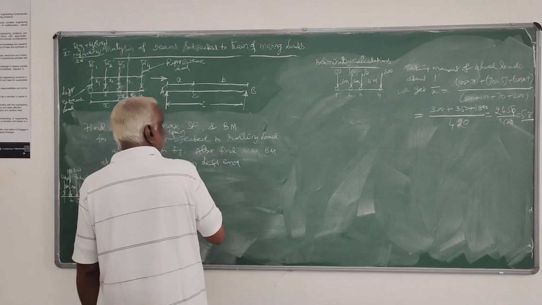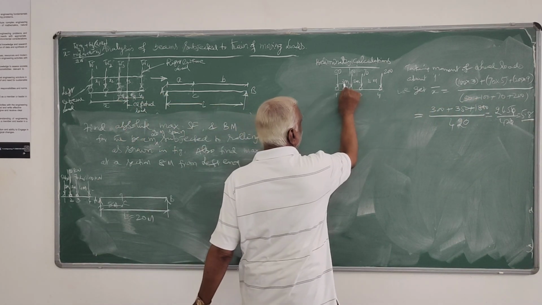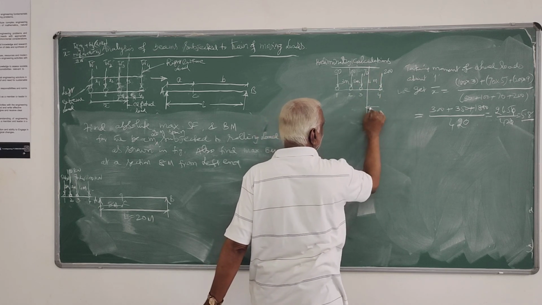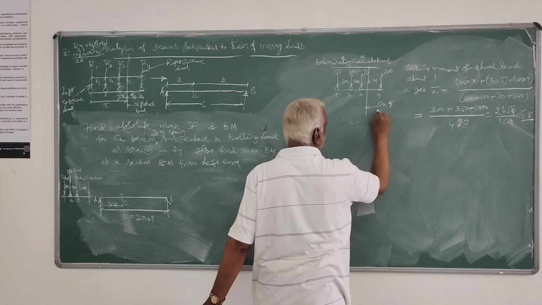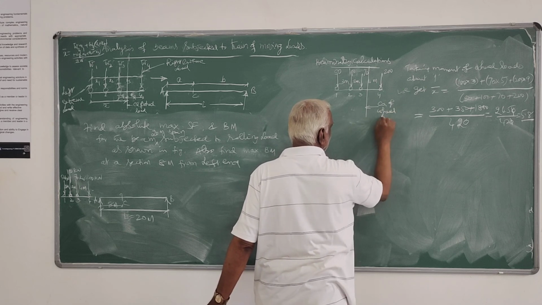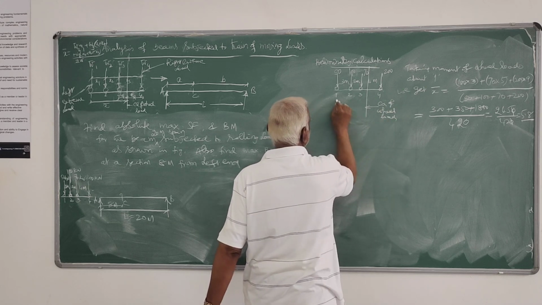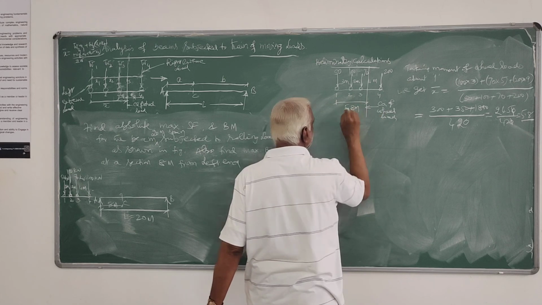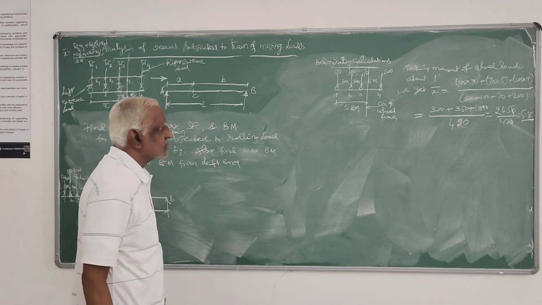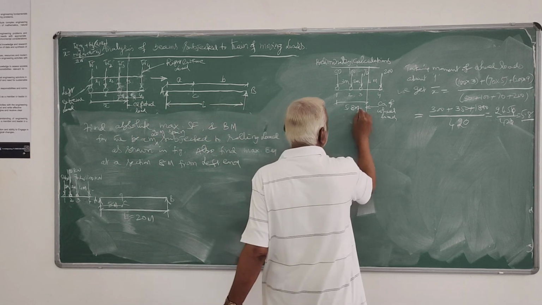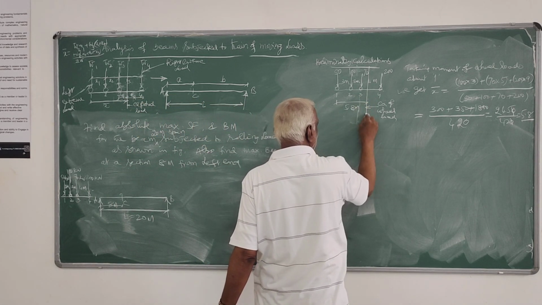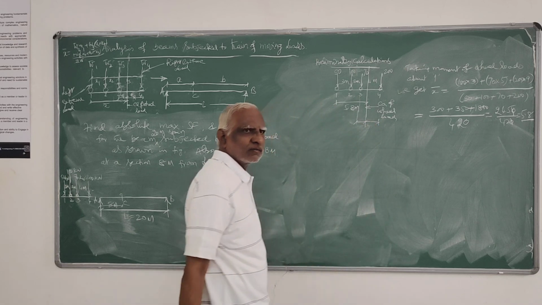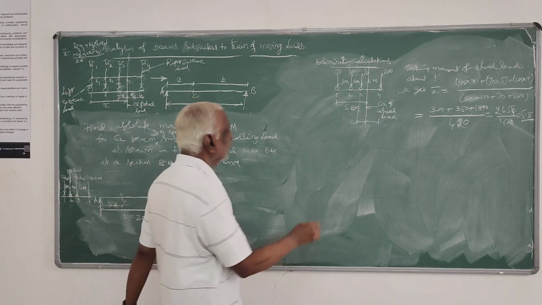So that means this is the CG of the wheel loads, which from here is 5.8 meters. So for the other two wheel loads which are closer to the CG, EL and ER, you can work out here itself. That is very useful.